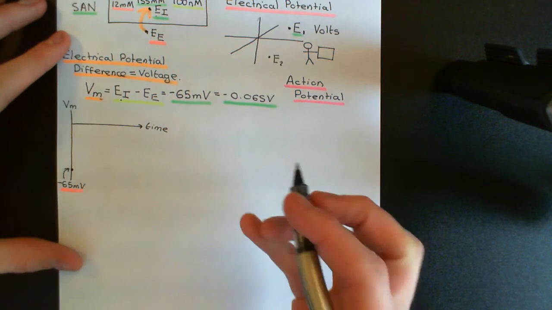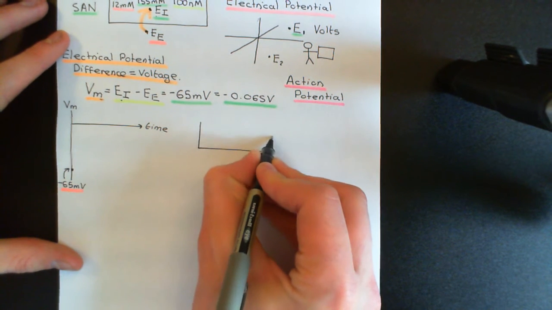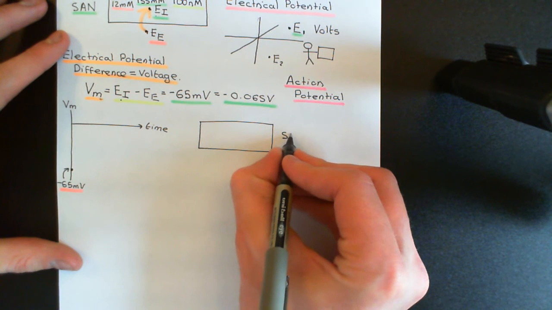Okay, right, so now we are actually ready to start talking about the generation of an action potential in sinoatrial node cells. So let's say, once again, here is our sinoatrial node cell.